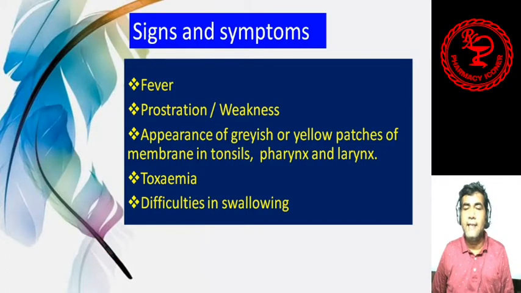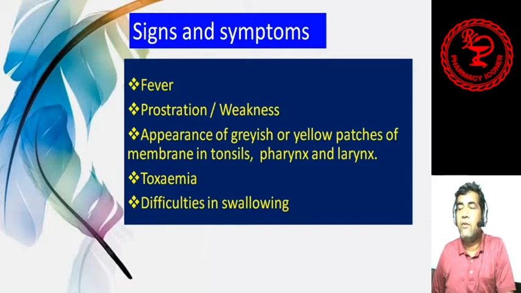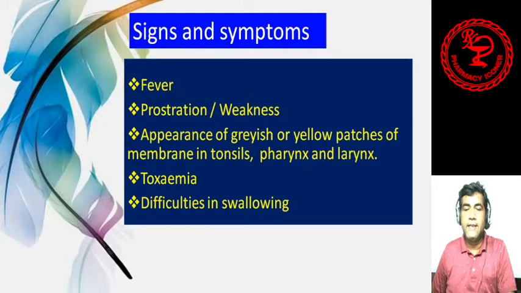What are the signs and symptoms? Mild to moderate fever may occur. Then prostration and weakness. Prostration means you feel like lying down. Next is the appearance of gray or yellow patches of membrane in the tonsil, pharynx and larynx.